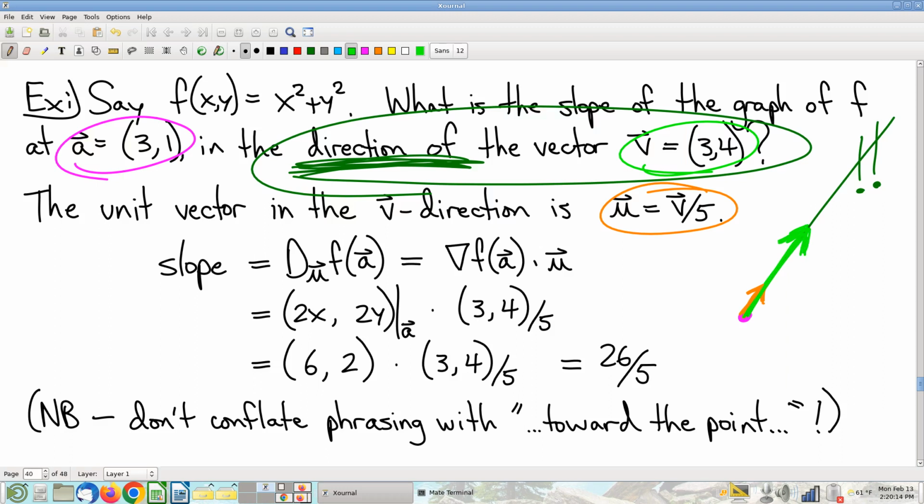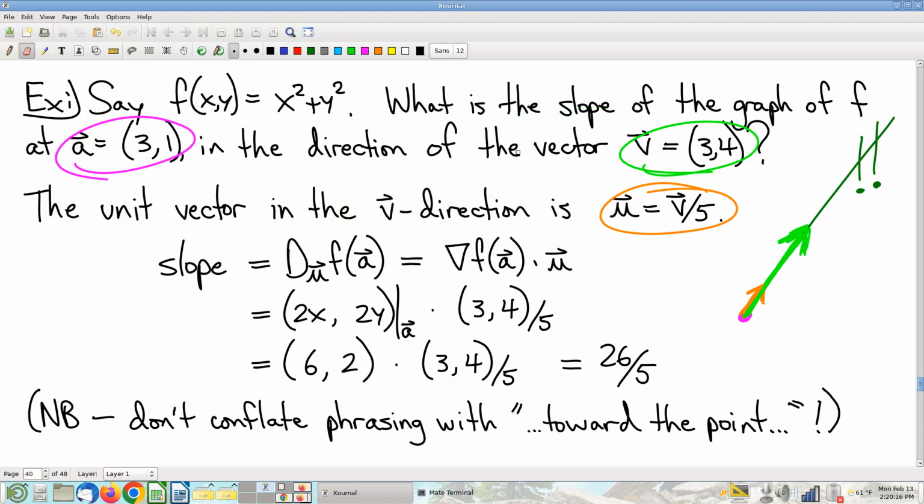Here's the mistake a lot of students will make. A lot of students will say, okay, let's see here, 3, 4. I'm going to think of 3, 4 as being a point. 3, 4 as a point might be right there.